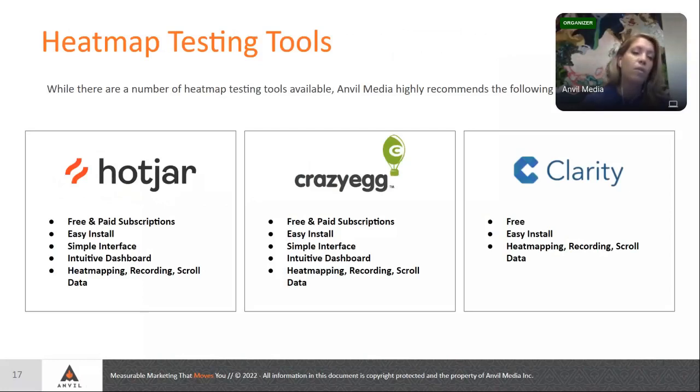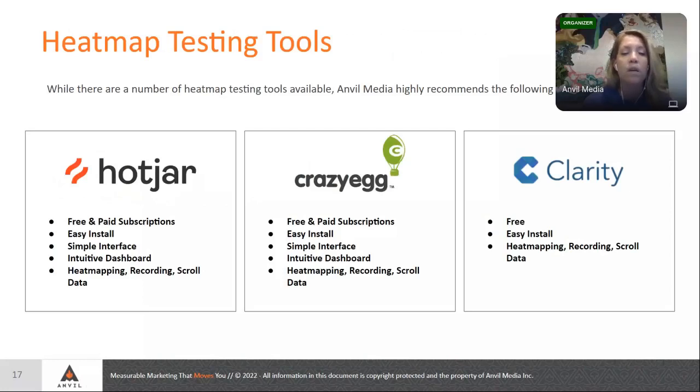With free, you have a limited number of pages that you can test, but both free and paid subscriptions are equally beneficial. They're very easy to install, and the interface of both these platforms is very easy to use. It's simple and it's very intuitive as well. So there's not a huge learning curve in order to really get the most out of these platforms.